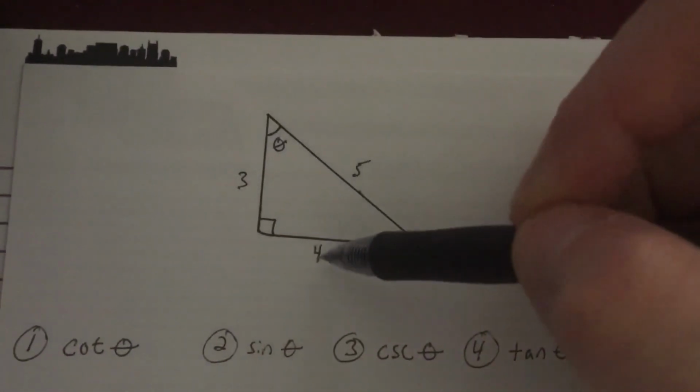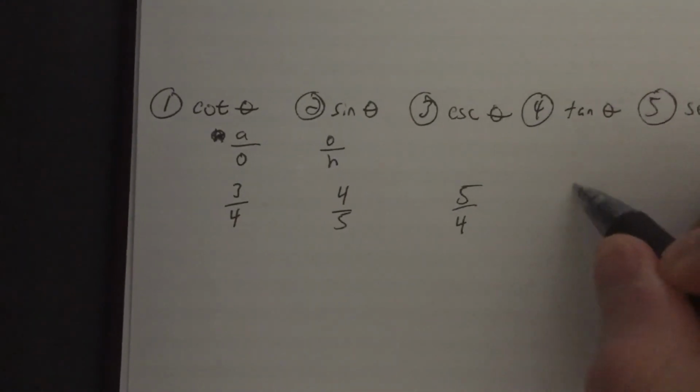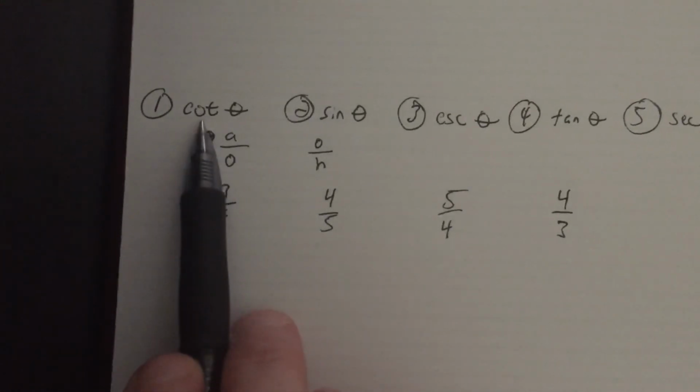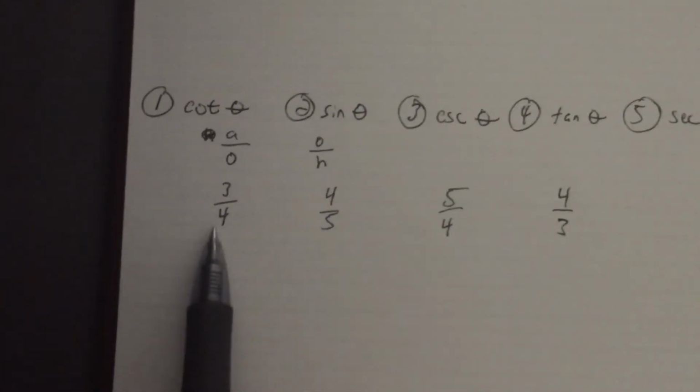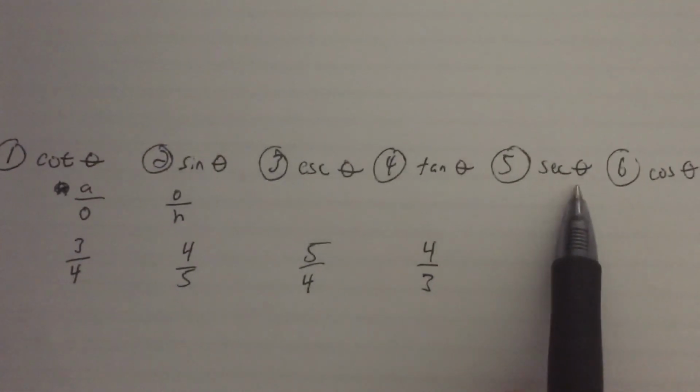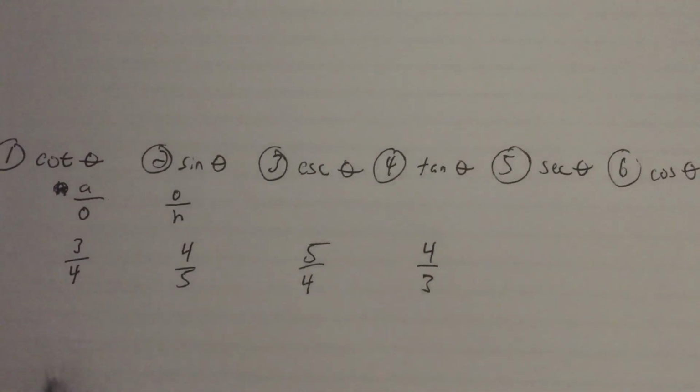Tangent is always equal to opposite over adjacent, so opposite 4, adjacent 3, you will get 4 over 3. Not to mention that tangent is supposed to be the reciprocal of cotangent. So if cotangent turned out to be 3 over 4, flip it, you get 4 over 3. Secant is the reciprocal of cosine. We haven't found cosine yet, so let's take a look here.